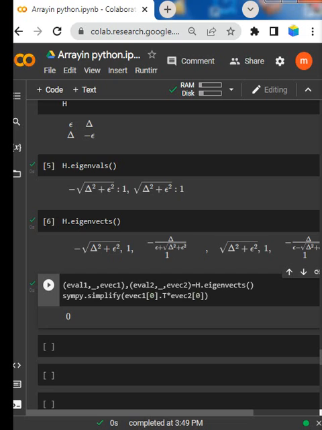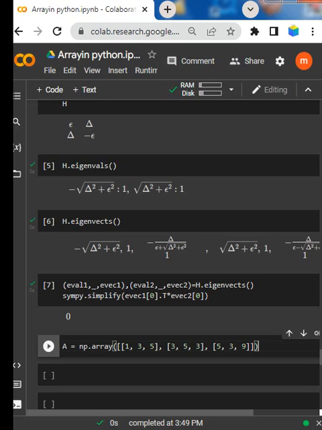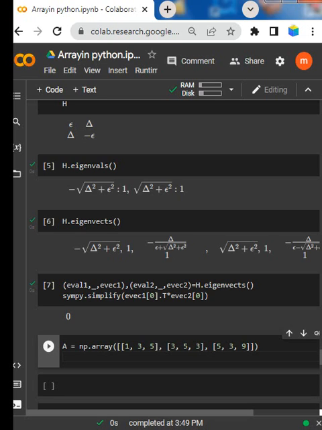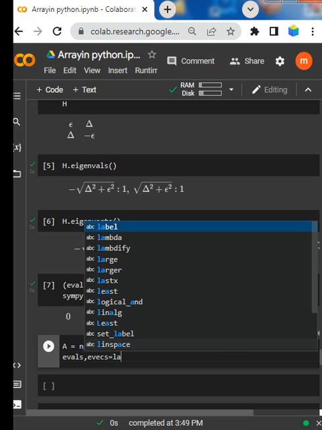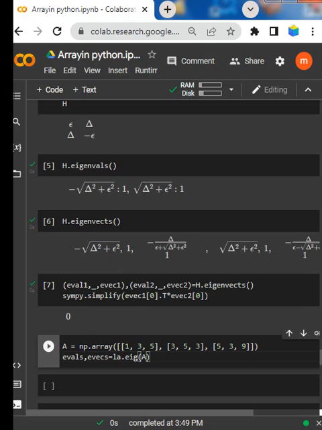First I can create a matrix A that will equal this, and then I write evals, comma, evecs, will equal LA dot eig, parenthesis, capital A.